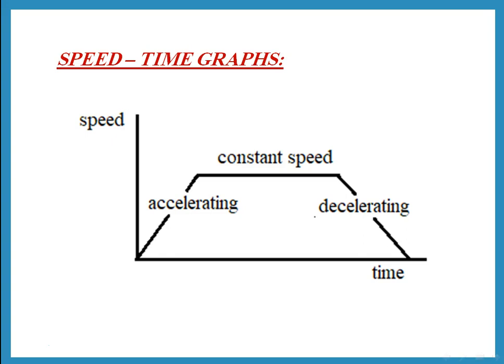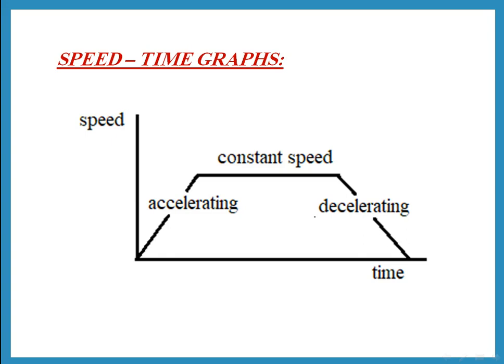Now, if we're talking about a speed time graph, this graph looks very similar to the previous one, but this is now a speed time graph. In this case, if the line is going up, that means the speed is increasing. That means the object is accelerating.